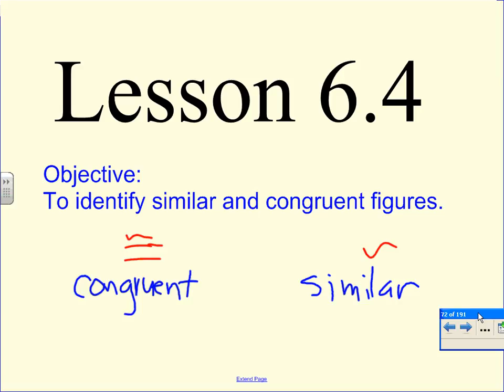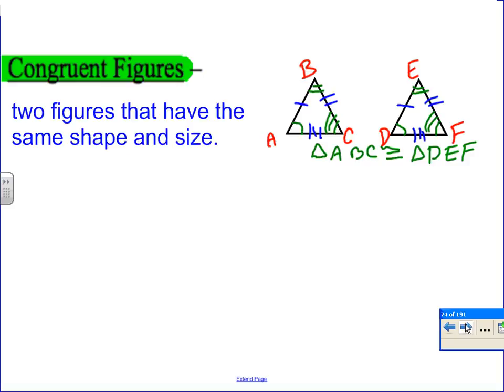Yep. Doug, you want to add something different? Very good. All the side lengths have to be proportional in a similar figure. In other words, it's going to have the same scale factor going from each side of the original to the new. So we're going to talk about proportions today, scale factors today, the difference between congruent and similar, and we'll see what we get through.